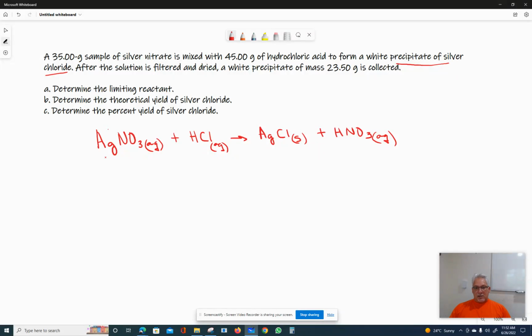So we have one silver here, one silver here, one nitrate. Remember, you can count nitrate as a whole unit. I also have another nitrate here, one hydrogen, one chlorine. So you don't need to add any coefficient to the reaction because it's already balanced.